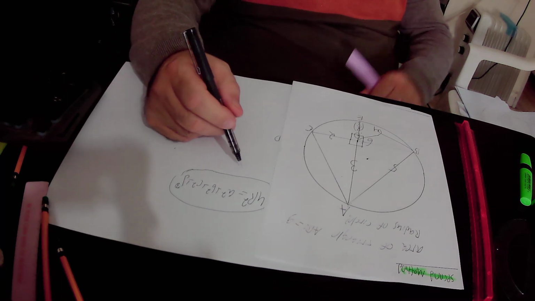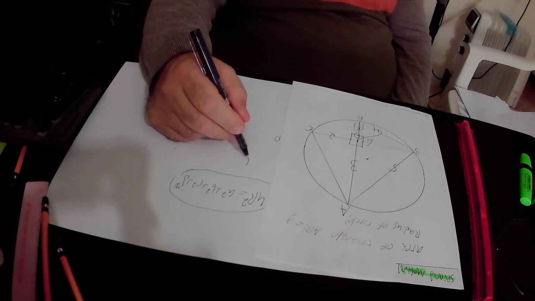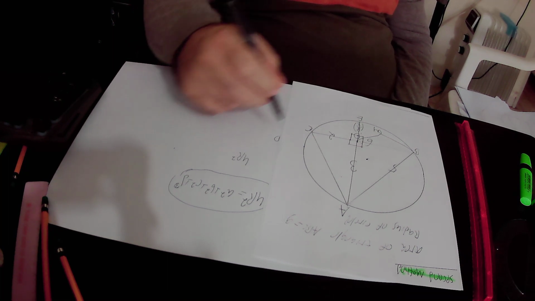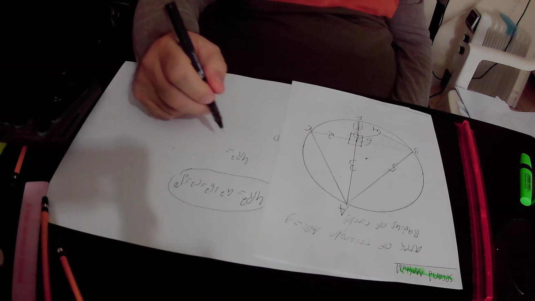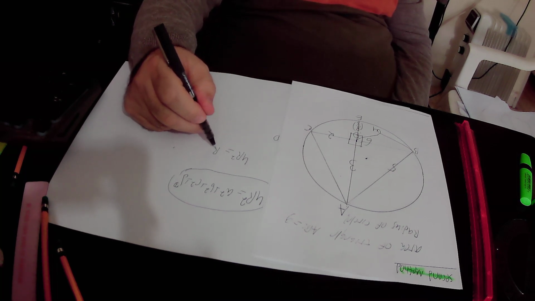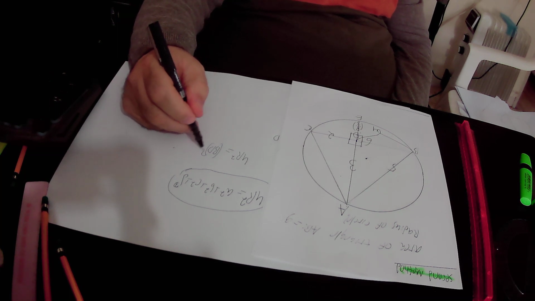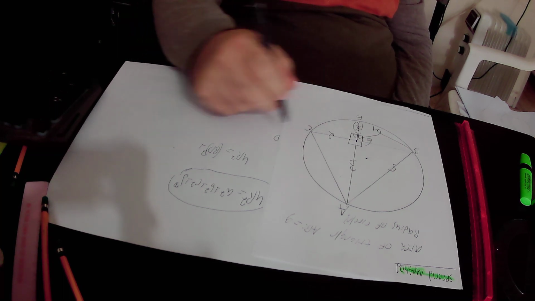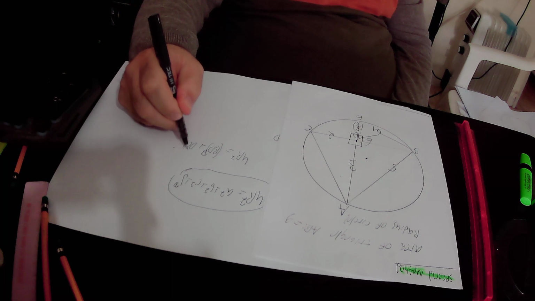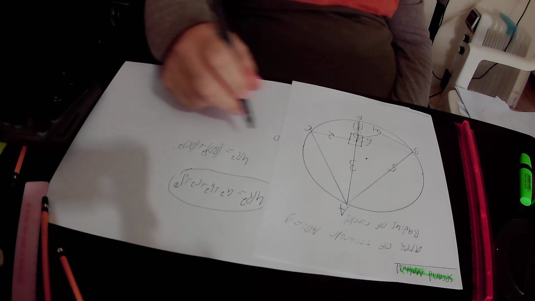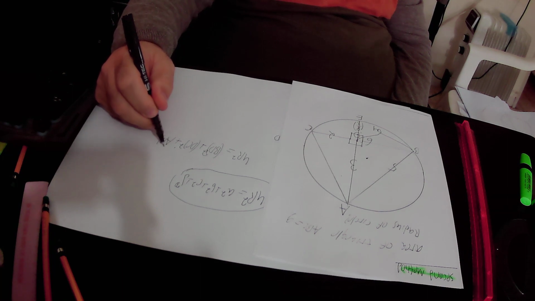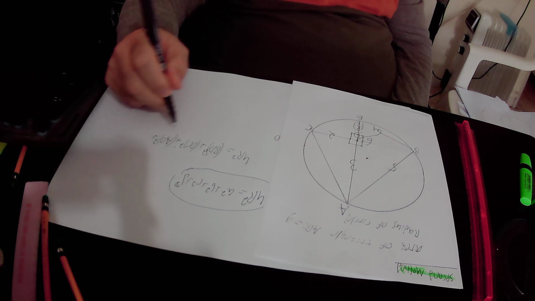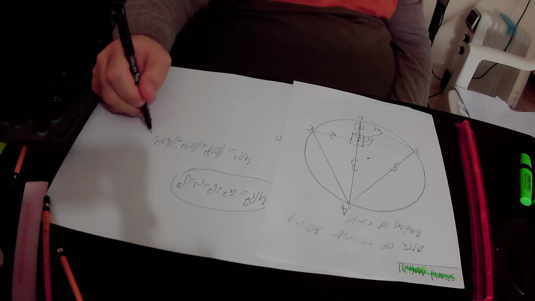So in our drawing, according to rule number 2, we get that 4 times R squared, that is the radius of this circle squared, equals BD squared plus DC squared plus AD squared plus DE squared.